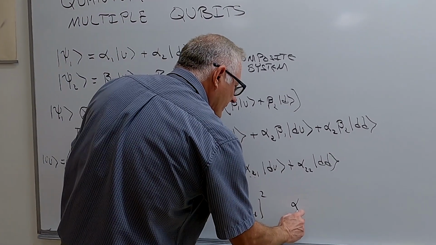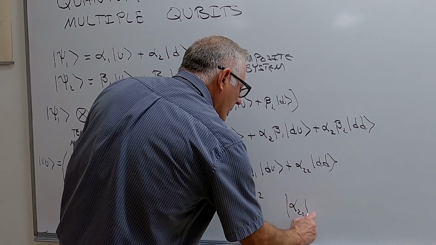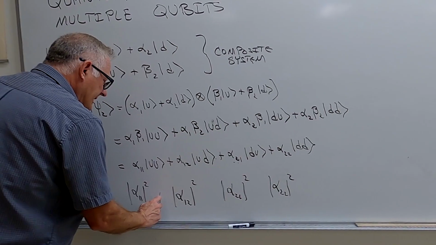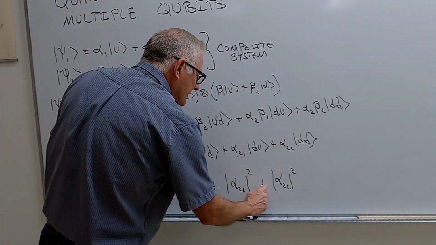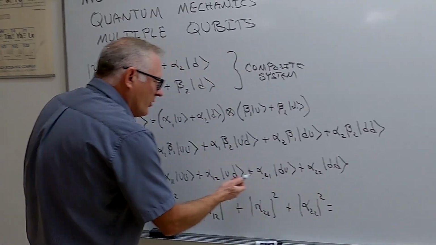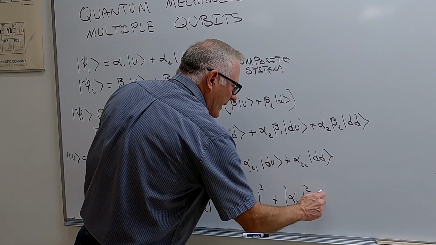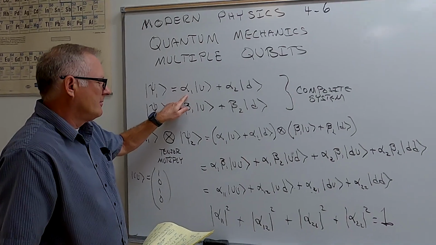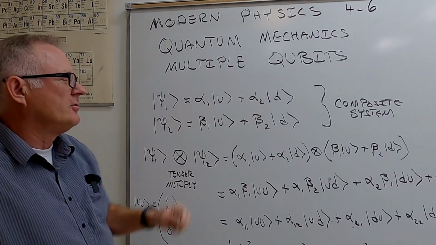And alpha 2,2 squared is the first one down and the second one down. When I add these up, it should be normalized, because those are the only things that can happen. This should be 1, just like up here, this magnitude squared plus this magnitude squared is 1.